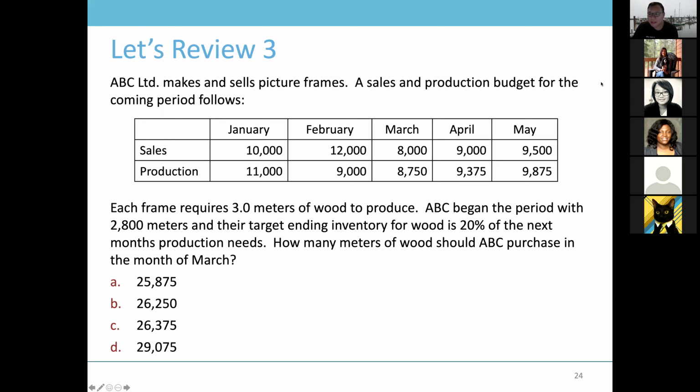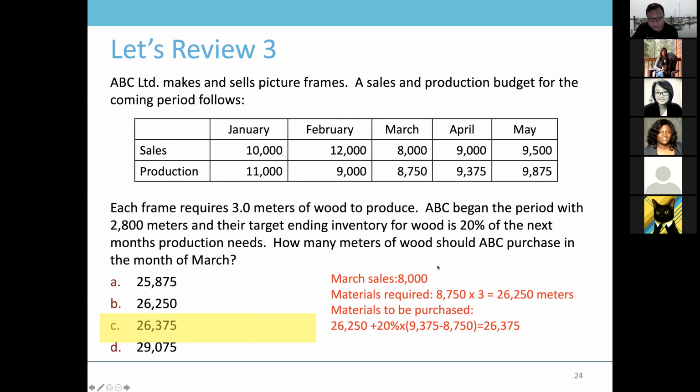Okay, so let's see if this is correct. It's March production, right?